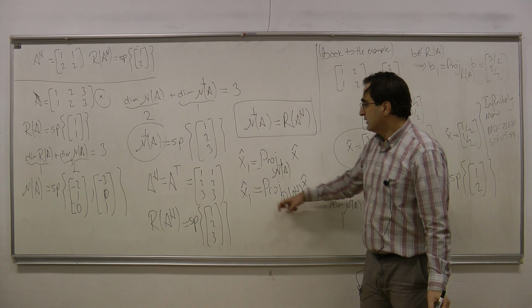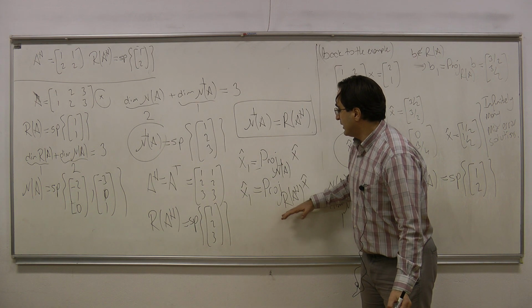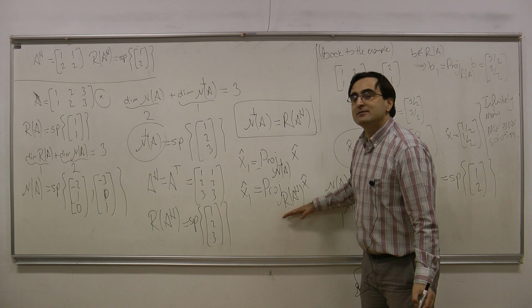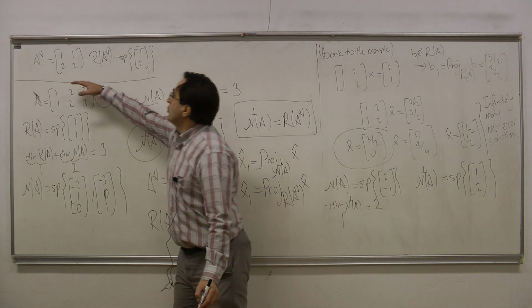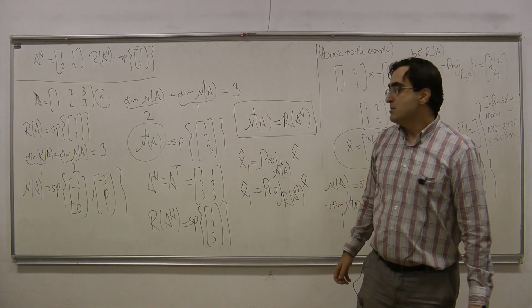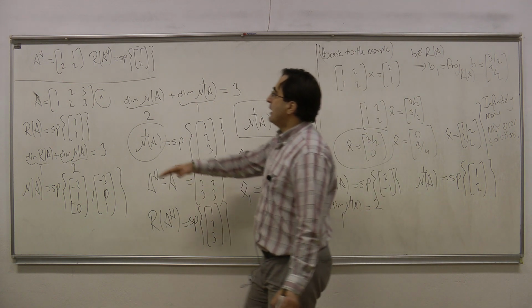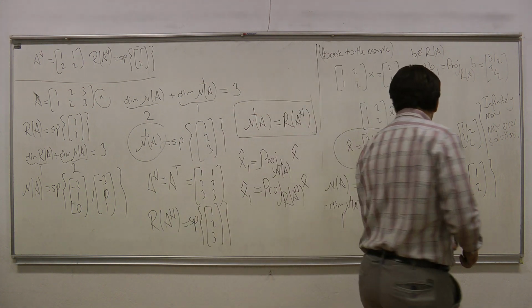This means that the minimum error solution is always going to be a linear combination of the rows of the matrix.